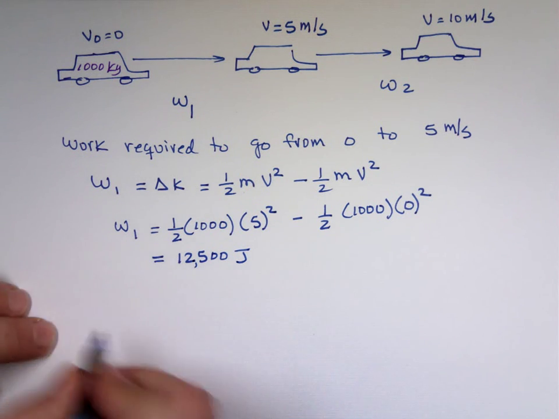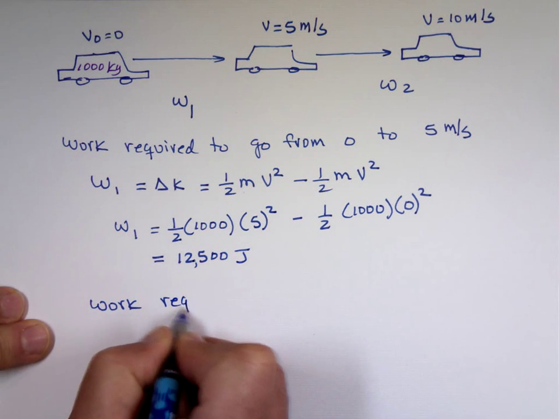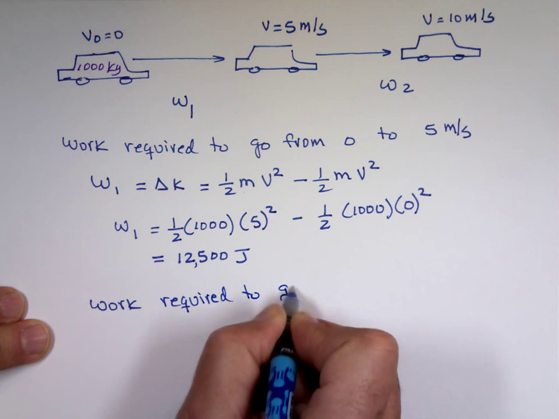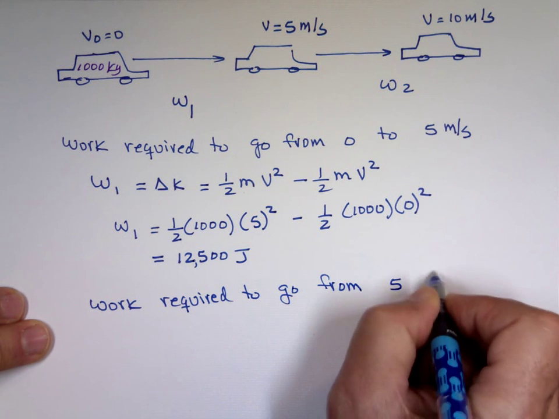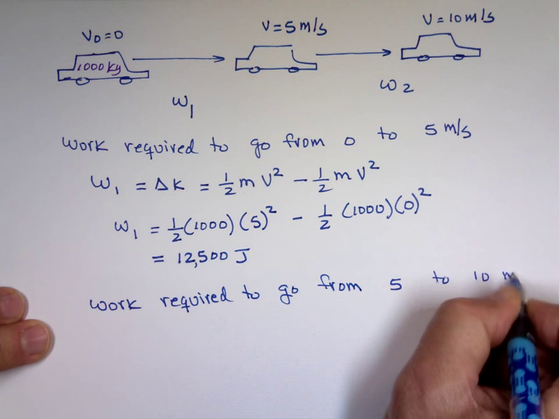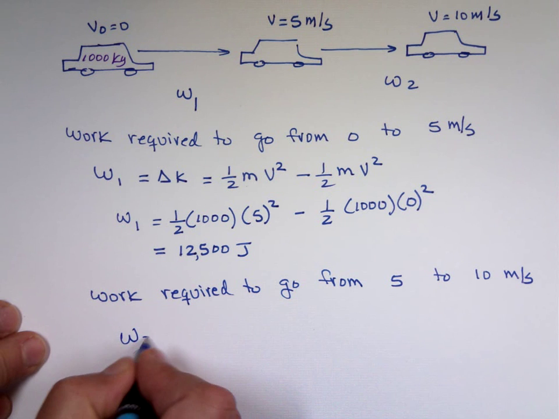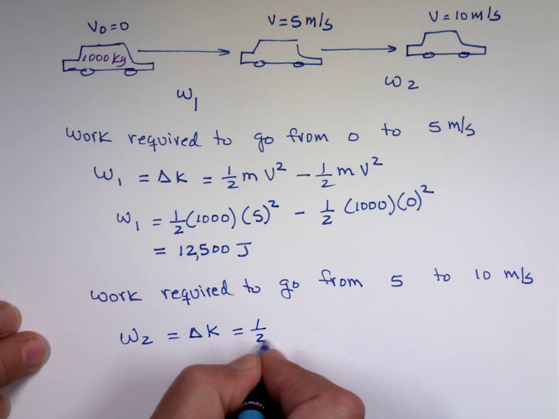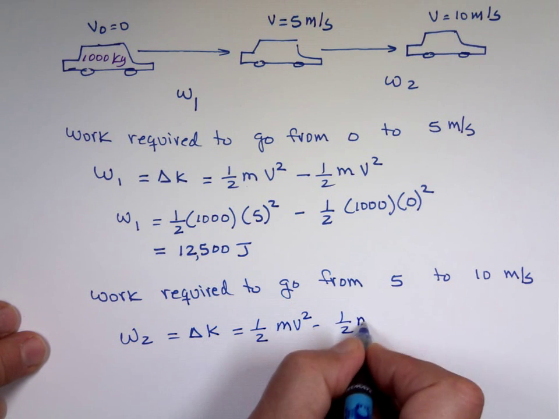Let's see the work required now to go from 5 to 10 meters per second. Again, work is change in the kinetic energy, which is 1/2 mv final squared minus 1/2 mv initial squared.